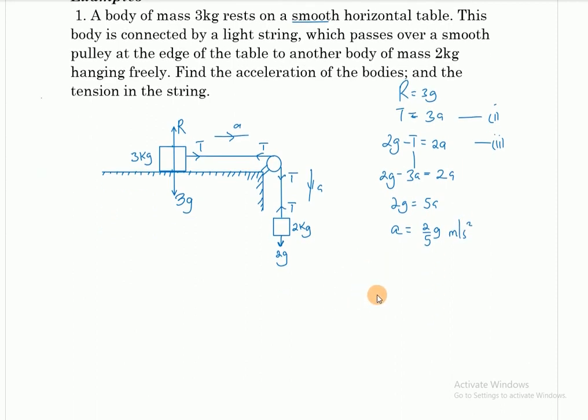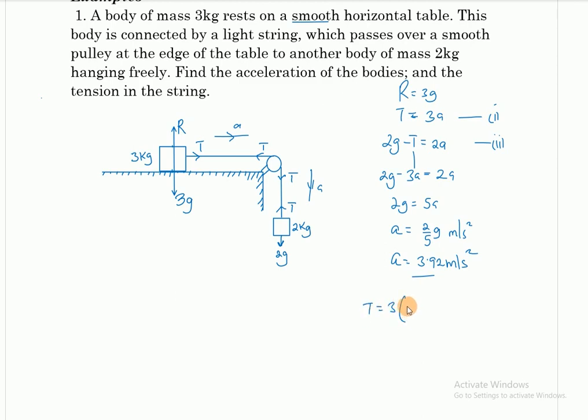That is the acceleration. When we substitute the value of g, which is 9.8 meters per second squared, we can calculate it, and it is 3.92 meters per second squared. Then to get the tension, you can use equation 1, T is equal to 3a.